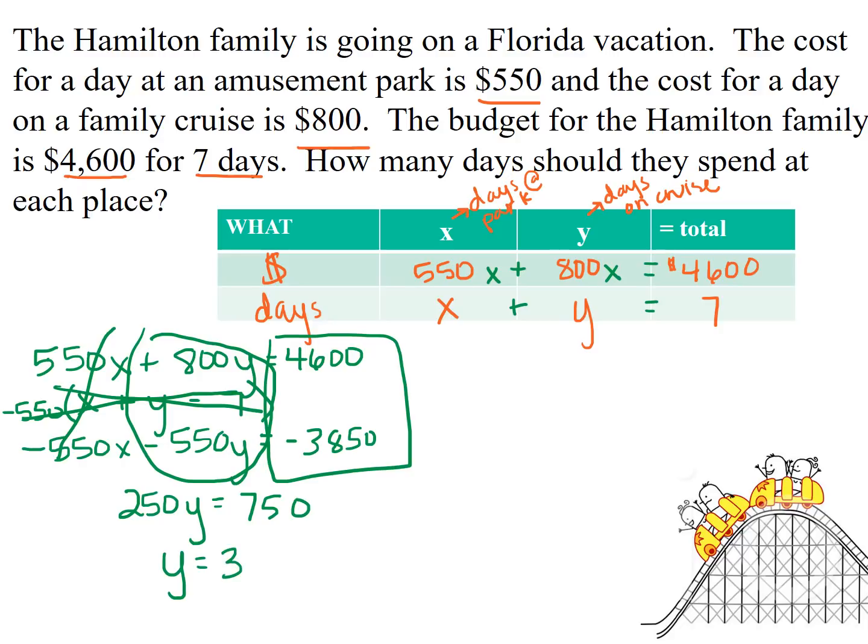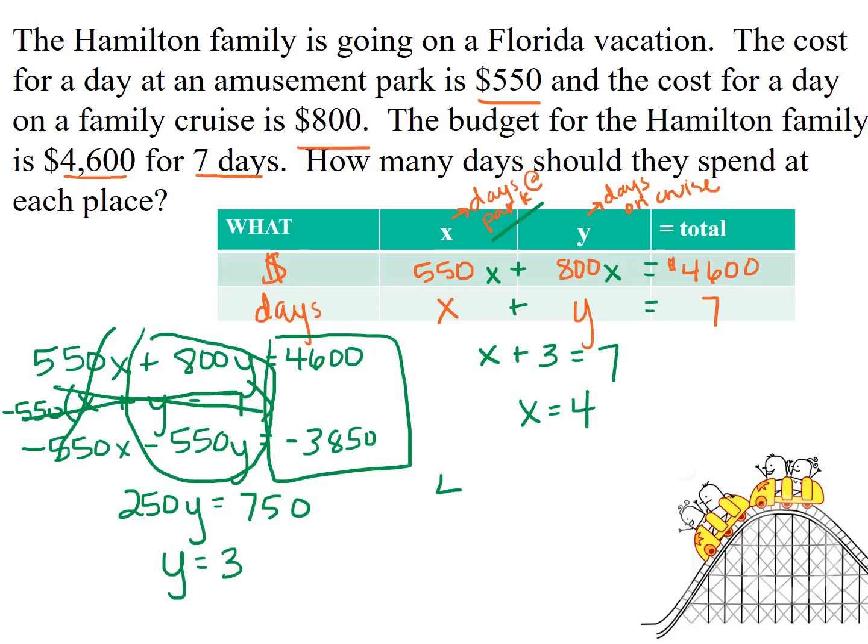Once I know my y value, I can then plug it into an equation. I'm going to choose the second equation where x plus y equals 7. So x plus y, which is 3, equals 7. I figure out that x equals 4. So I found my x and y value, but again, your last step is to understand what those values mean. So again, the x value is the days at the park.